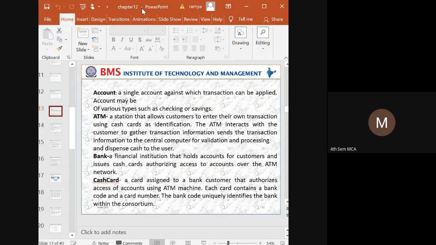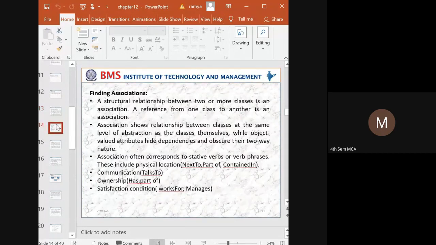Cash card is nothing but your debit card or a credit card, where the customer uses this card to make a transaction through the ATM. These are some examples that we are taking as modeling elements. There are a few more that I have not considered; you can go with your books.